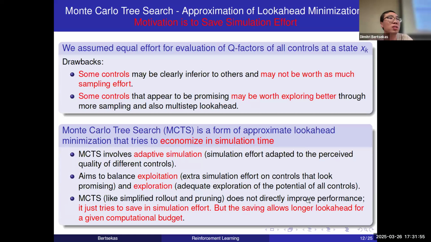You just use a lot of samples for every single control, then you will get a better estimate of the Q factors, and obviously you will get better performance.